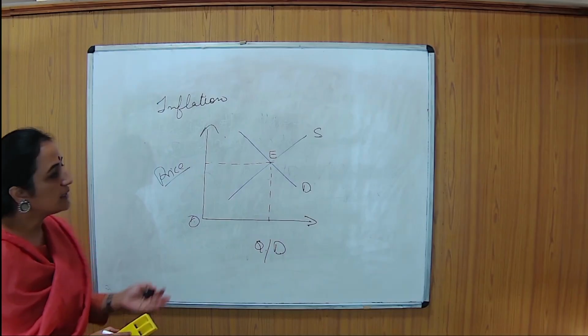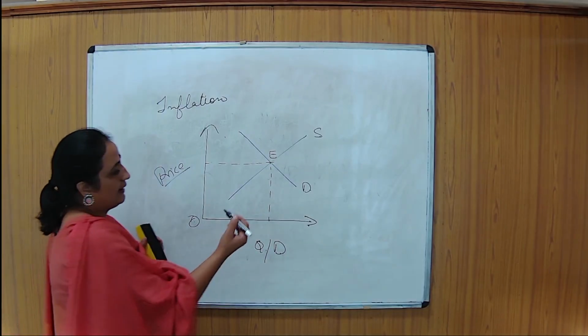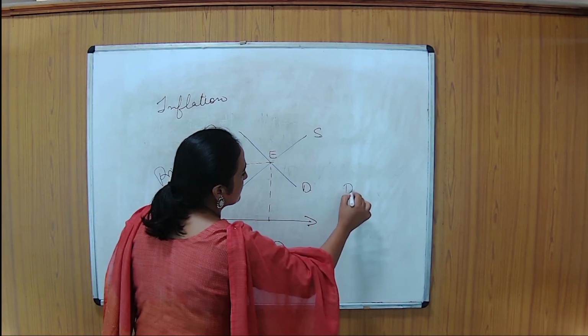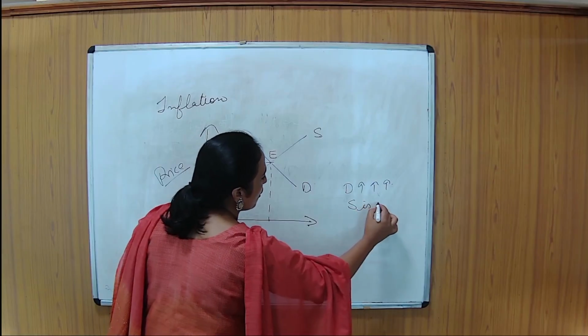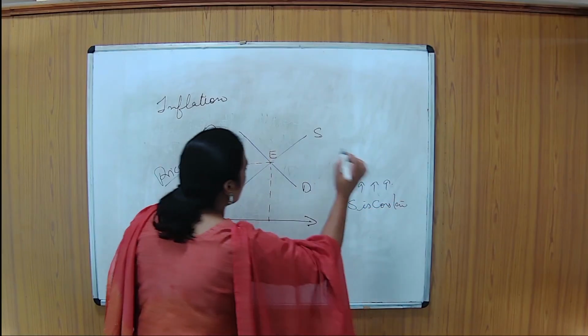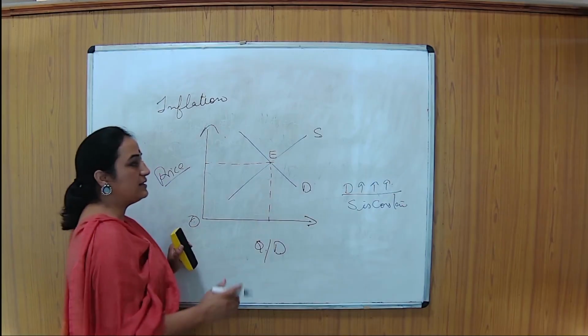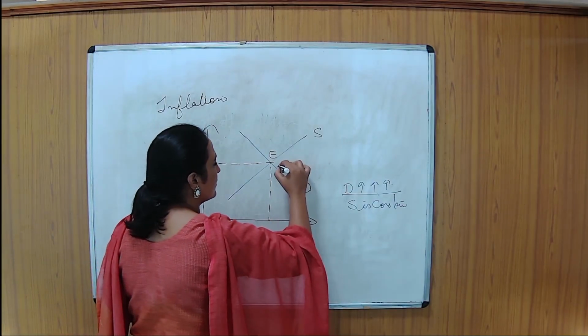In demand side factor, demand for goods and services goes on increasing and supply is constant, so the demand curve will shift upward.